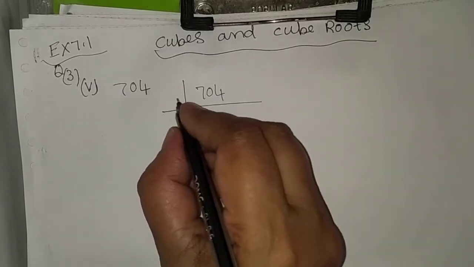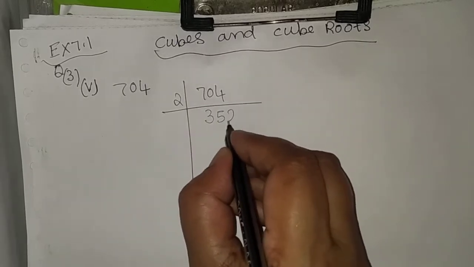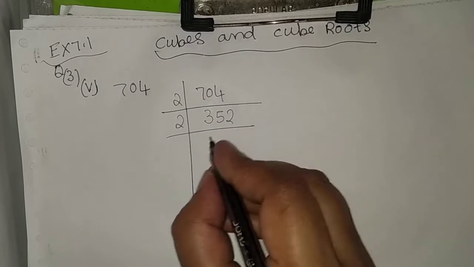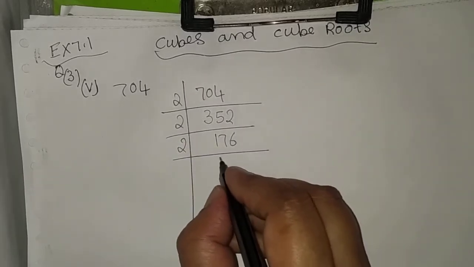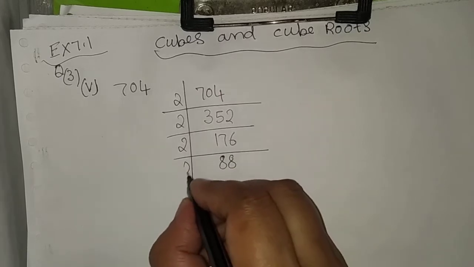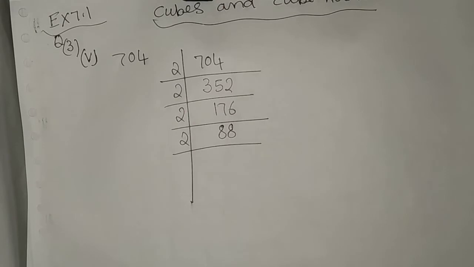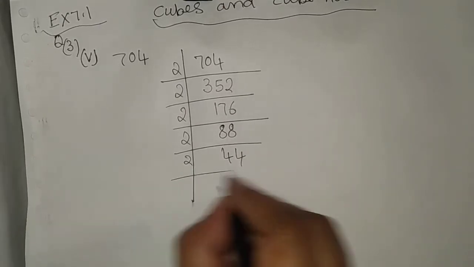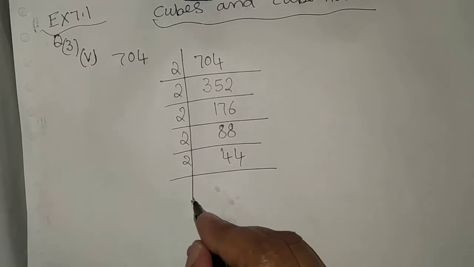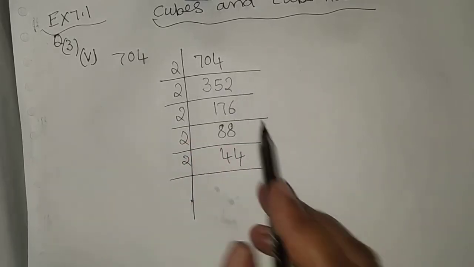So how much we take? 2, 352, then 2 again, that is 176, again 2, we'll take 88, then 2, 44, then 2. Please, I will be fast because I have taught you how to directly write this.